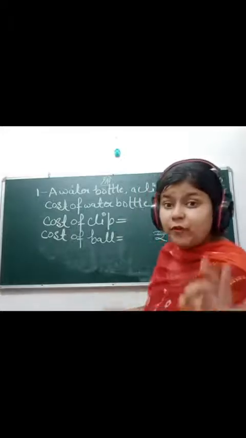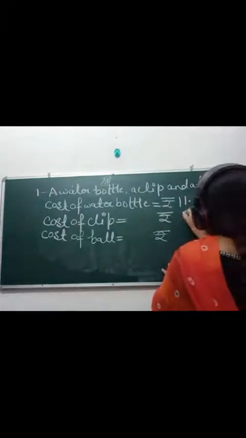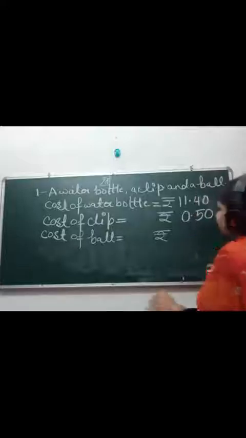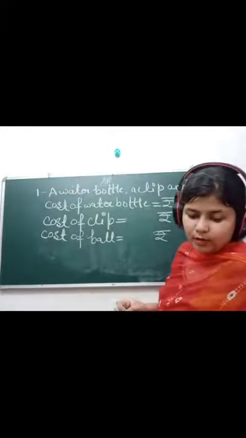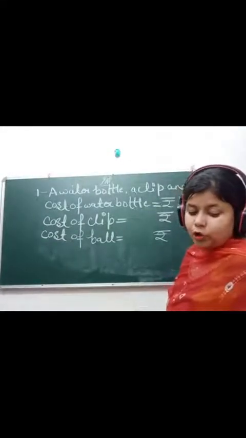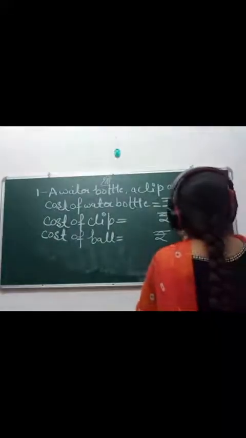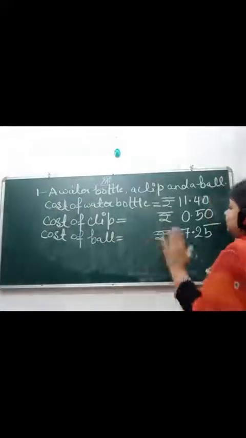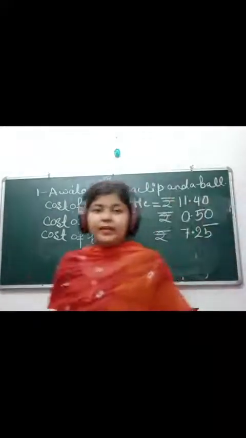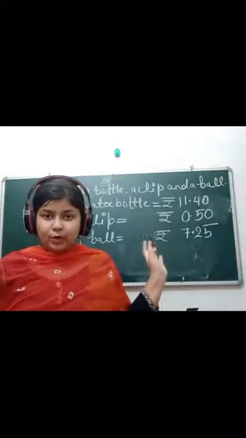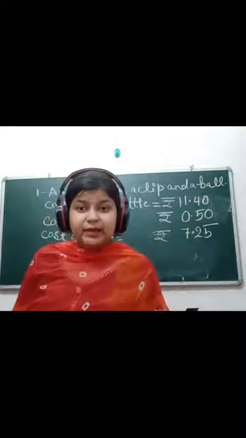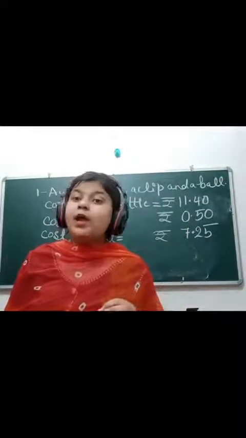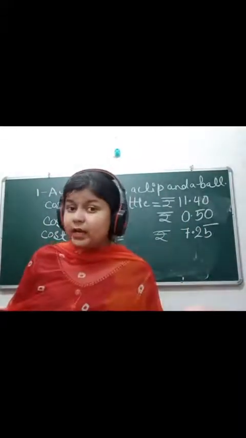Cost of clip is 50 paise only, 0 rupees and 50 paise. Next is cost of ball. So cost of ball is 7 rupees and 25 paise. Now these are the costs of the different items. Next statement that we will write will be of total cost because we have to find the total cost.